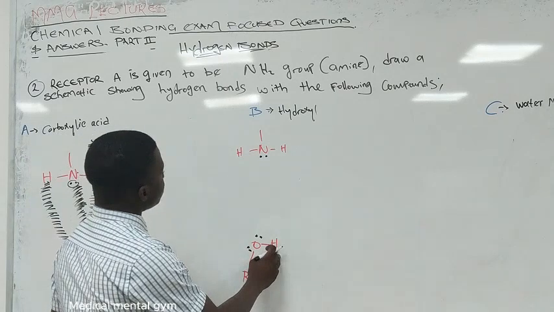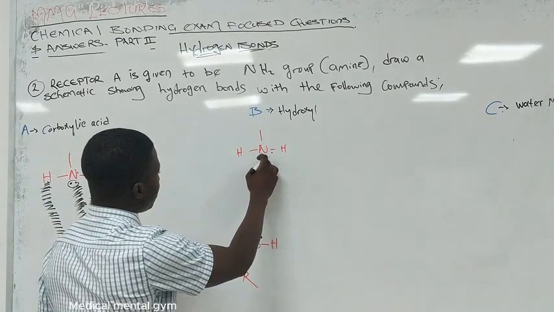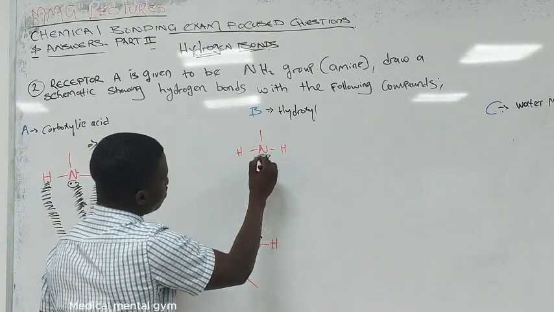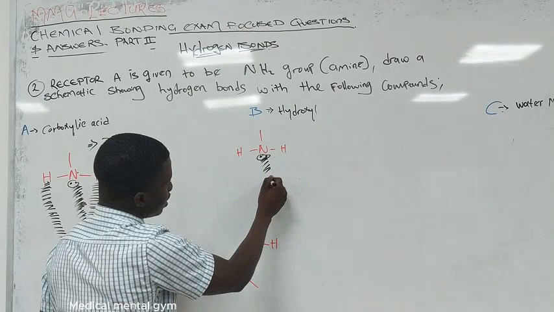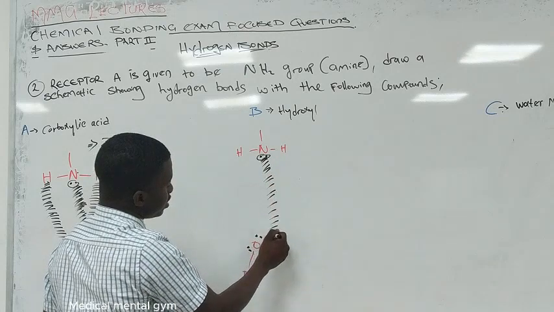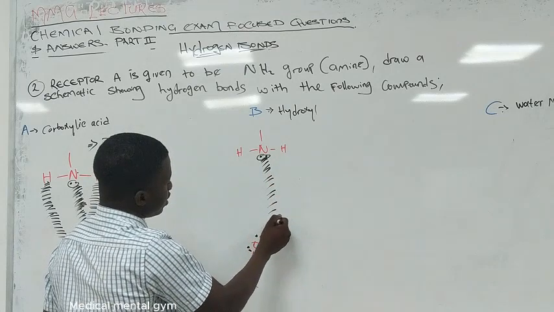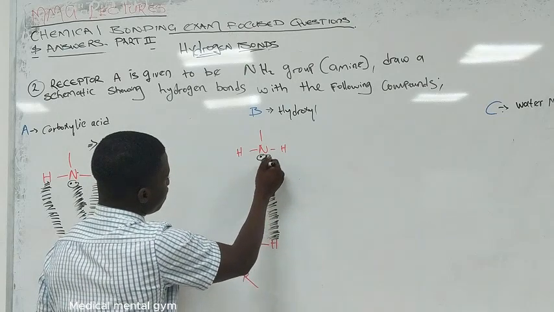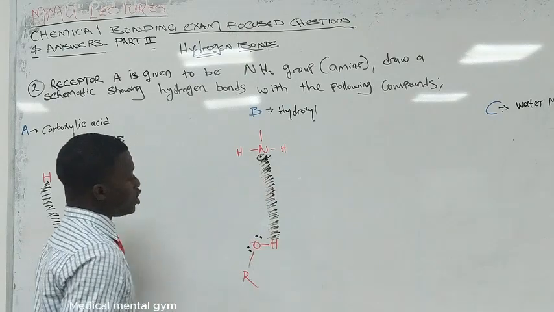So this hydrogen can participate in a hydrogen bond with this electronegative atom. So this lone pair here can facilitate a hydrogen bond between this hydrogen and the nitrogen. So a hydrogen bond has been formed between these 2 atoms.